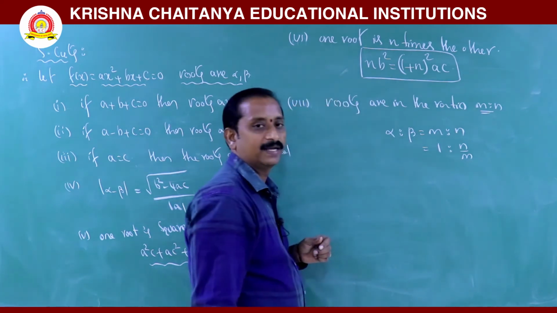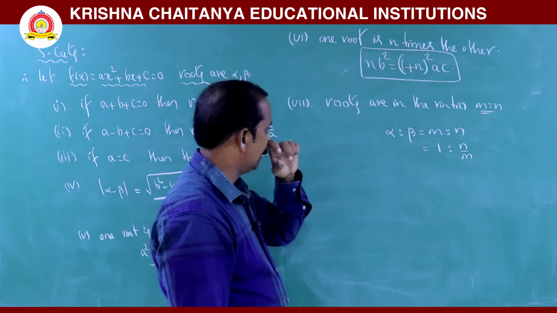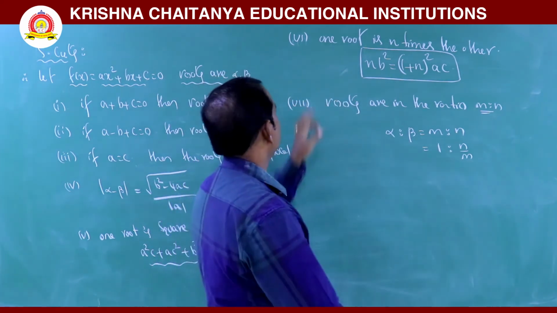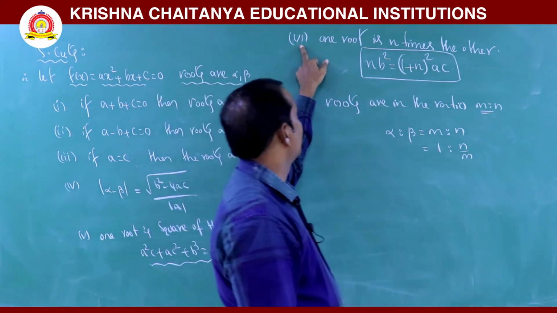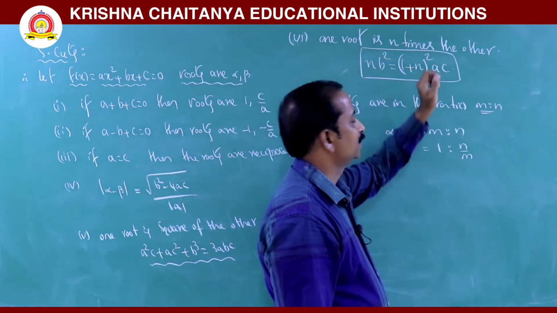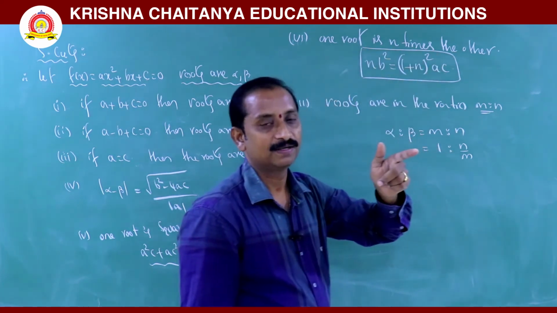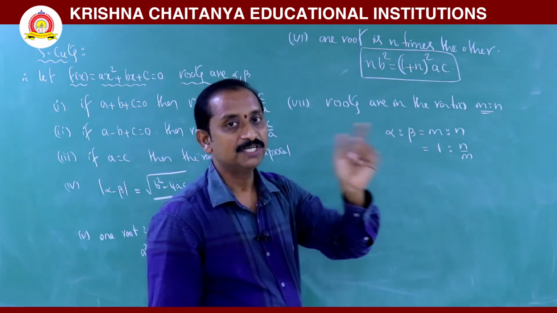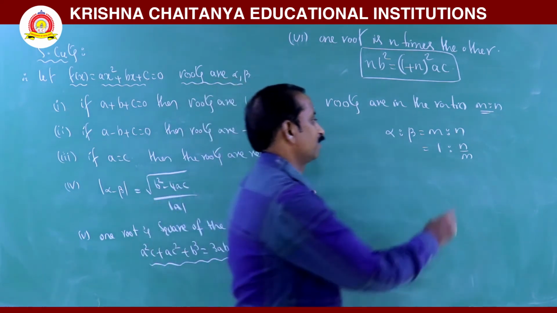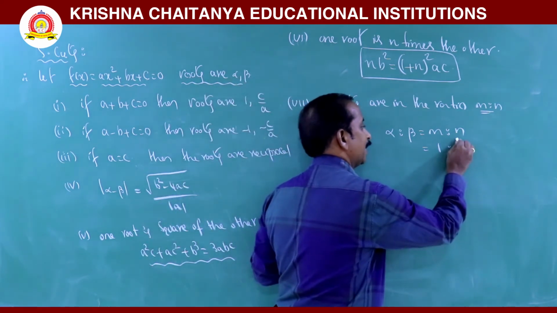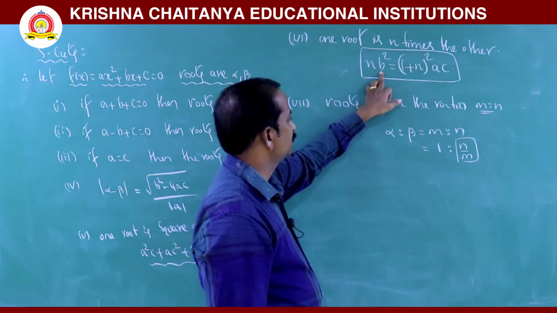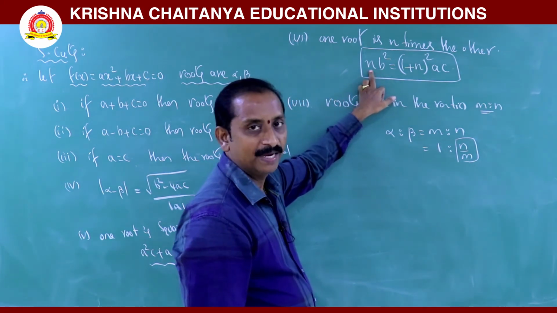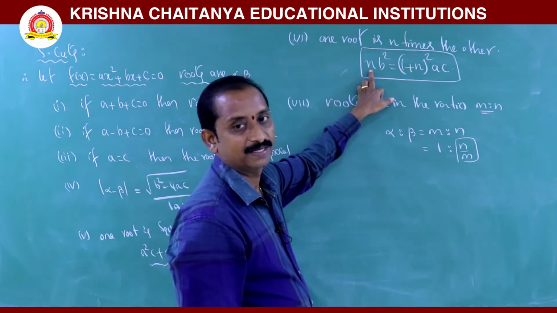So now indirectly for the condition 6, one root is n times the other means alpha and n alpha, their ratio should be 1 is to n. So instead of n, what is here? n by m. So in this condition just replace n by m, we get the answer.